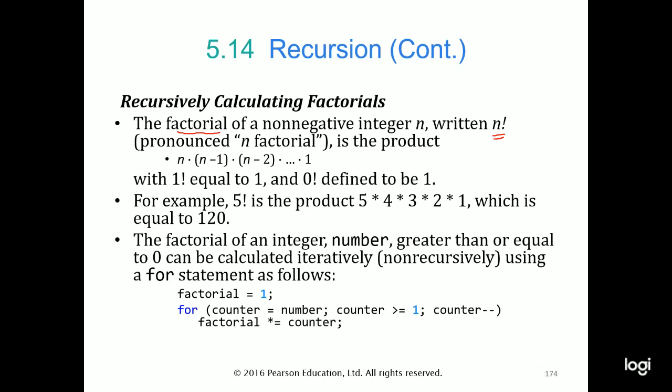We also know that 0 factorial is defined to be equal to 1, and so the factorial of 5 is 5 times 4 times 3 times 2 times 1, which is equal to 120. Now if we want to compute the factorial of a number, we can do that using a for loop. So we start off with a factorial variable with the value of 1, then we go with a counter variable.